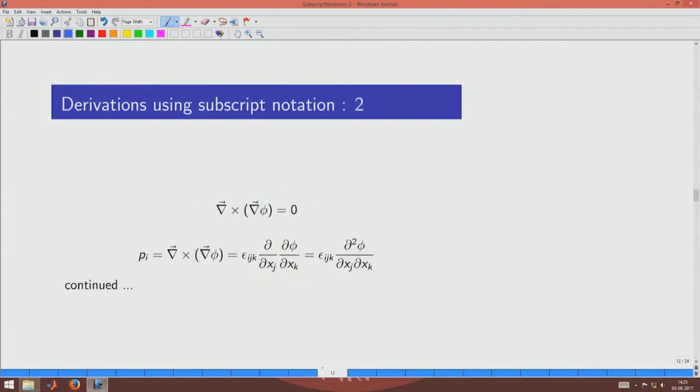Okay. So, here is a derivation again to show you that the curl of a grad of a scalar function is 0, and this can be proved as follows. Whenever you have something like that, you know that it is a vector, because phi is any scalar function, and the del operator is basically giving you a gradient. So, that must be a vector. That vector should have some index.